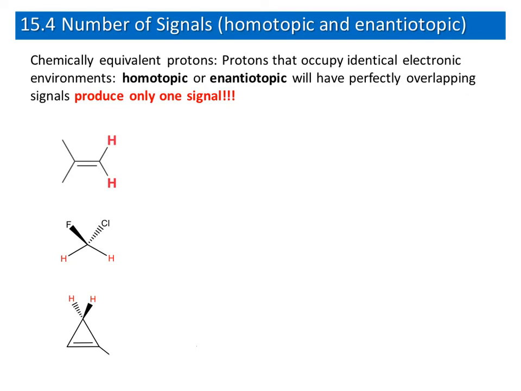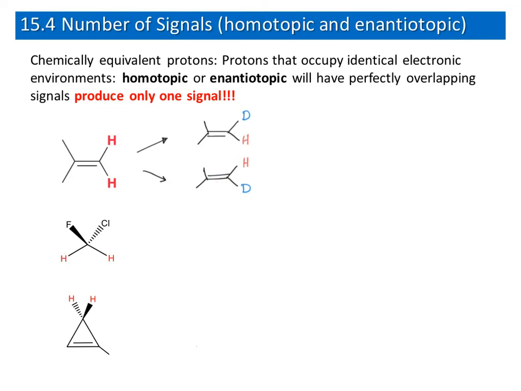Let's look at the first molecule. We can do the replacement test. I can replace the top hydrogen with deuterium, and in the other structure I can replace the bottom hydrogen with deuterium. Now I need to examine the relationship between these two structures.